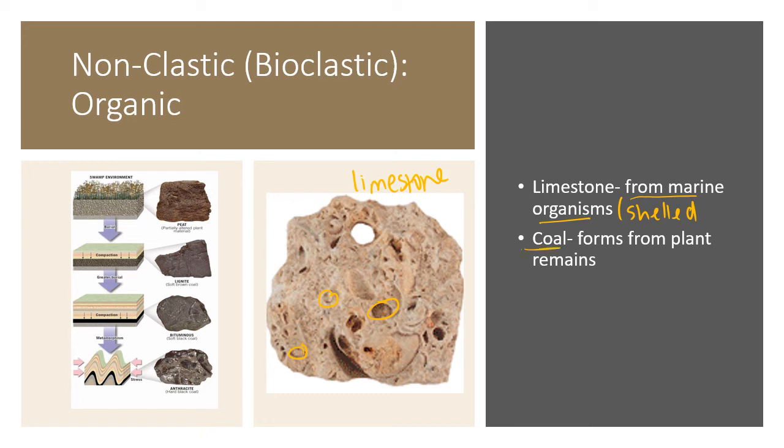All right, and then coal is another example of an organic sedimentary rock, but just the first three stages of coal development. So coal originally came from plant material.